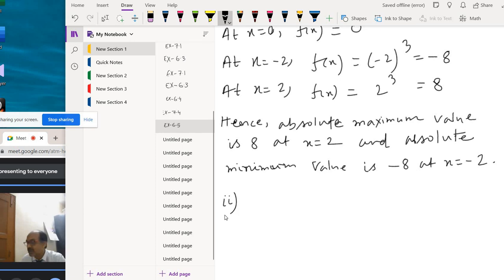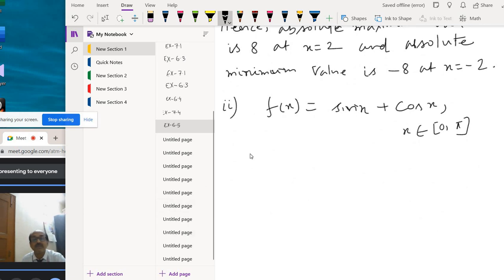Same type of question. f(x) equal to sin x plus cos x, where x belongs to the closed interval [0, pi].